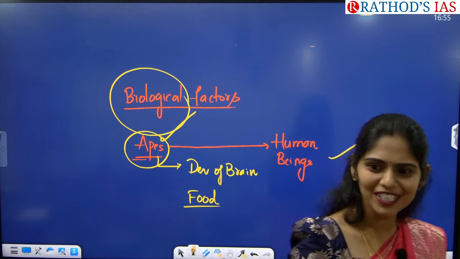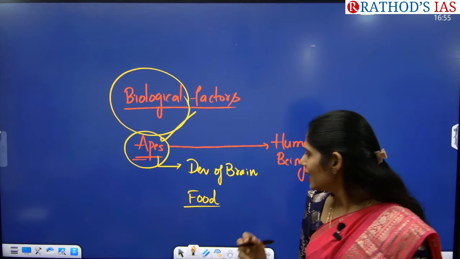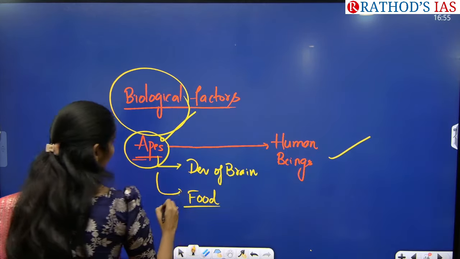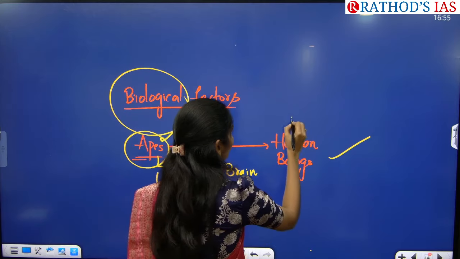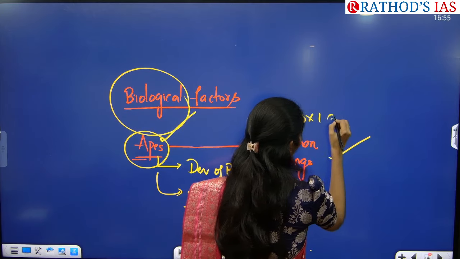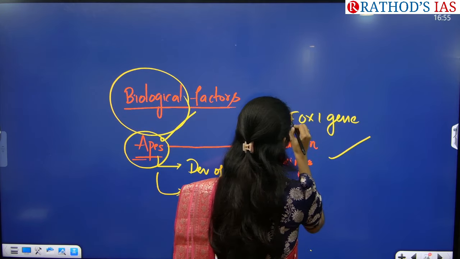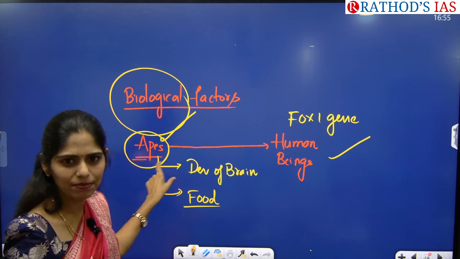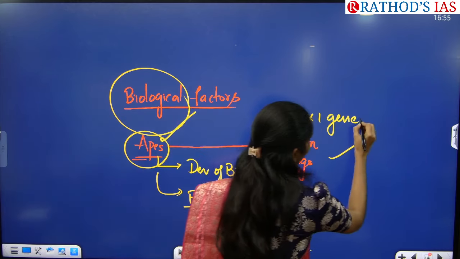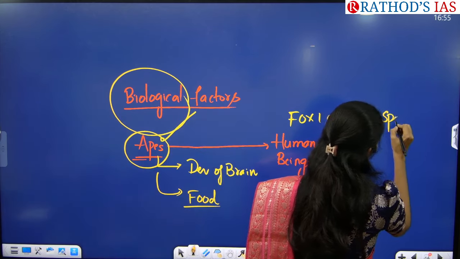Do they enjoy music like us? No, right? That means there are some changes in our body that led to speech. One is the FOXP2 gene, which developed during this evolution from apes to human beings, and this gene is responsible for speech.